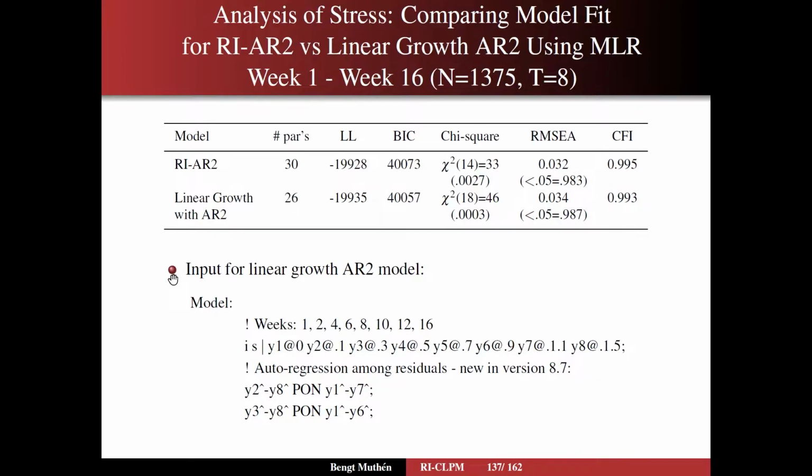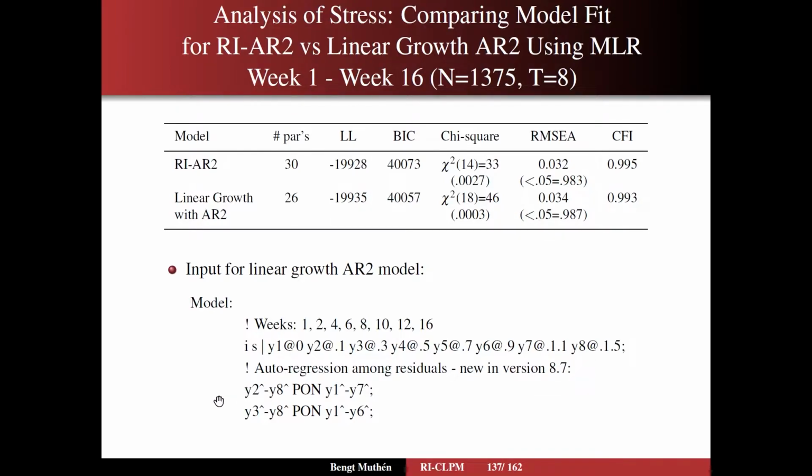And then you have the input for this linear growth AR2 model. We're looking at the weeks 1, 2, 4, 6. So we have non-equidistant distances here between the weeks, and I've chosen the time scores accordingly to reflect the distances.